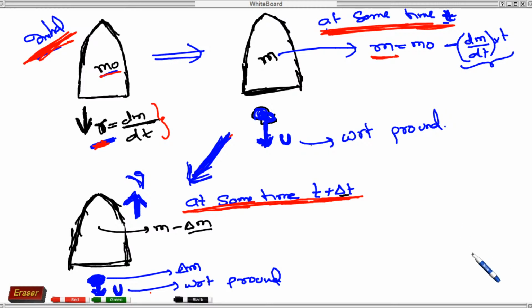So what would be the momentum at this point of time? I will be considering this point of time and this point of time, means at time t and at time t plus delta t. So what would be the momentum at this point of time?